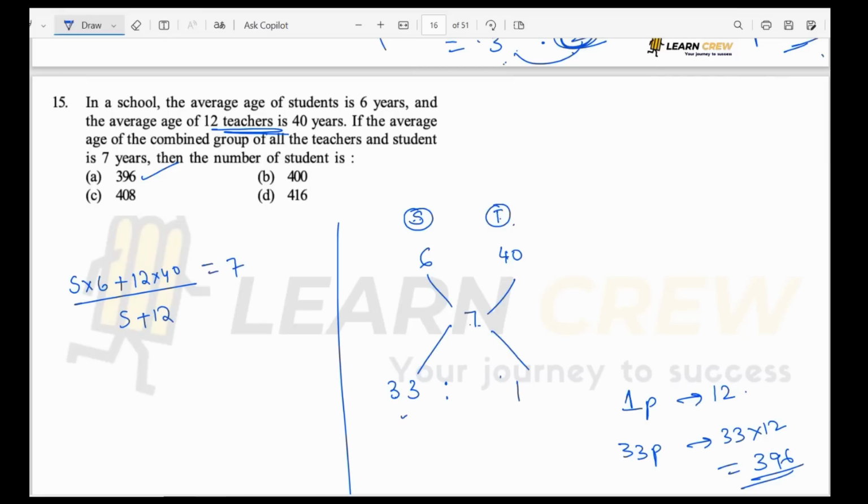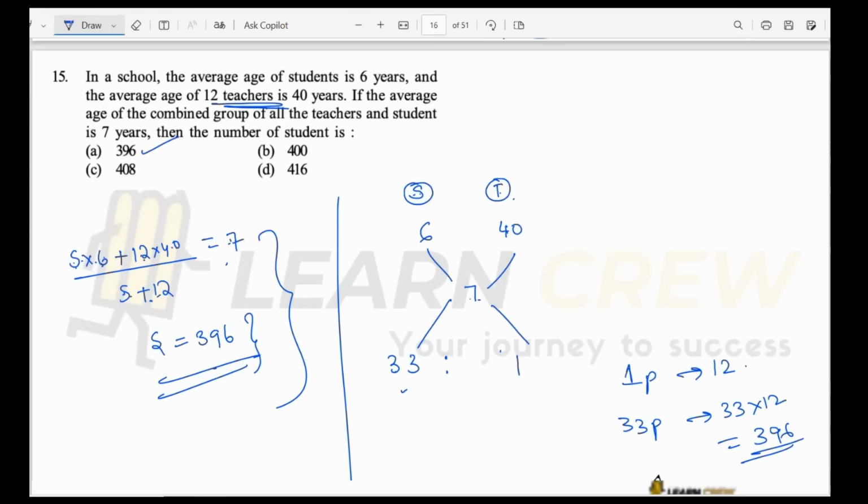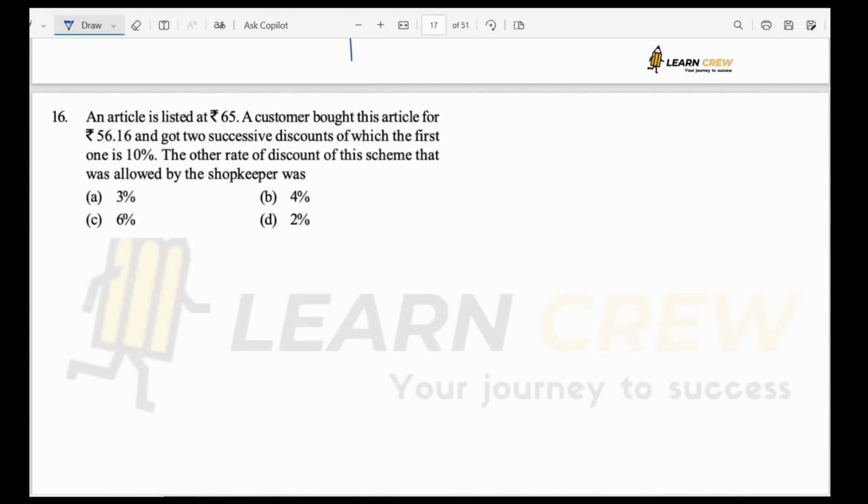So 7S minus 6S is equal to S. 7 into 12 is 84. 12 into 40 is 480. 480 minus 84 is 396. Number of students is 396. Okay? Yes or no? Now next. Please answer the 16th one.